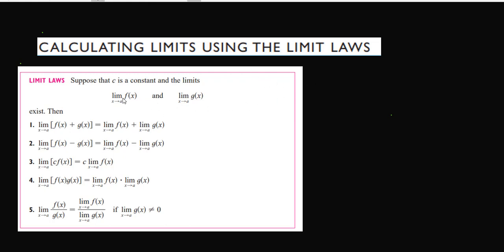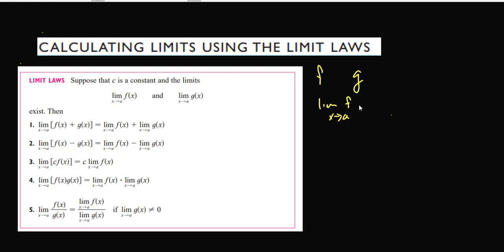So they say, suppose that c is a constant and that these limits exist. So we're saying that we have a function f and we have another function g, so we're going to be dealing with two functions, not just one. And we're saying that if we talk about the limit as x goes to a for f, that exists. Remember, we said sometimes limits exist and sometimes they don't.